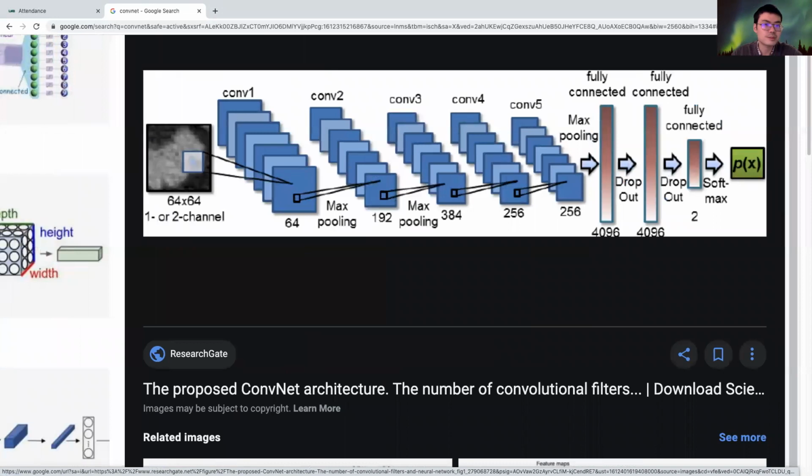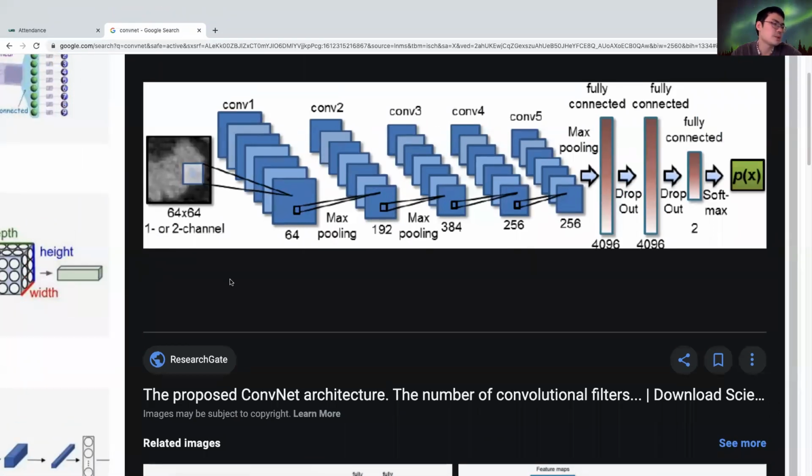So who can tell me, when you train this model, what are you training in this model? When you give a model an image and you give the class, what are you actually training in this model?